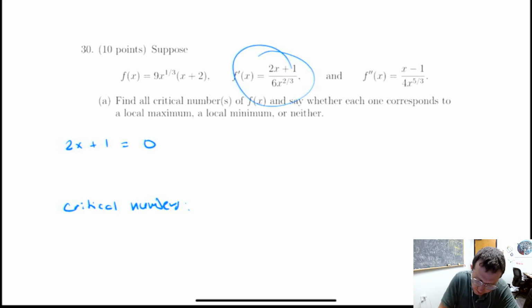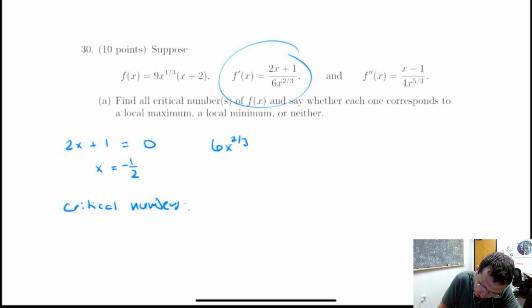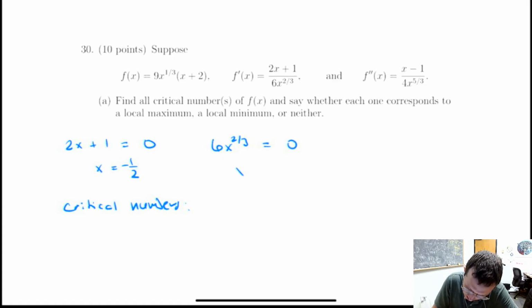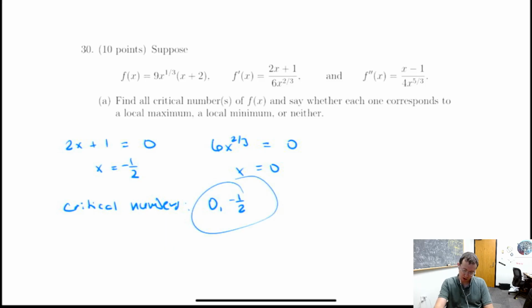The first derivative will be 0 if the numerator is 0. But the first derivative will be undefined if the denominator is 0. This is the easy one to forget about. Critical numbers happen not just when the derivative is 0, but when the derivative is undefined. So there are two critical numbers here.